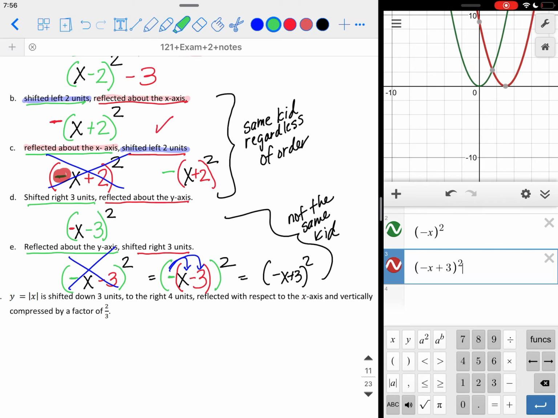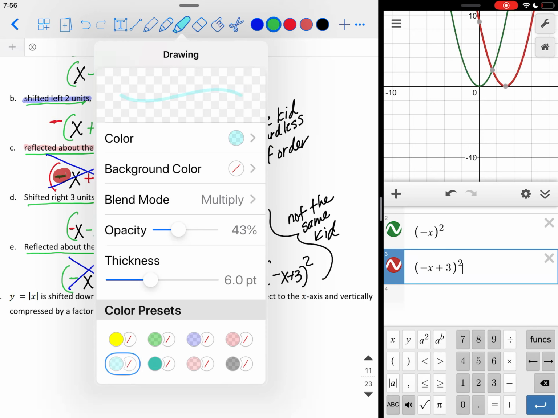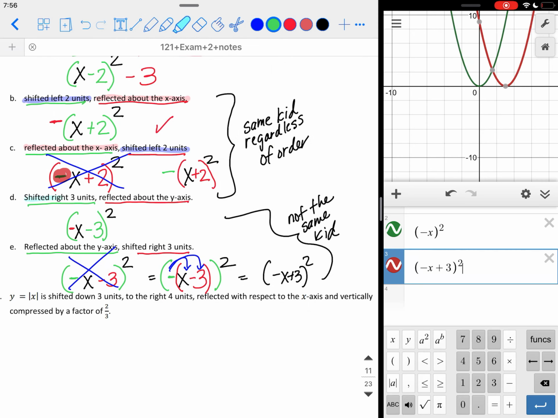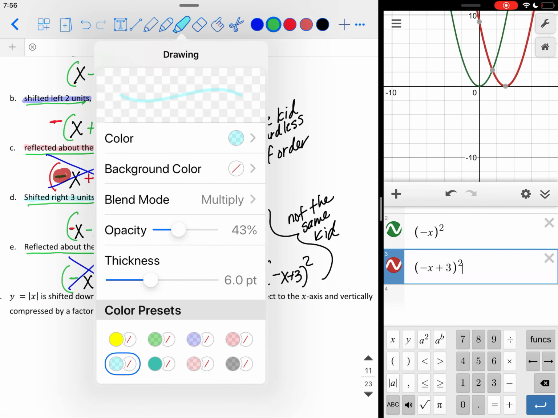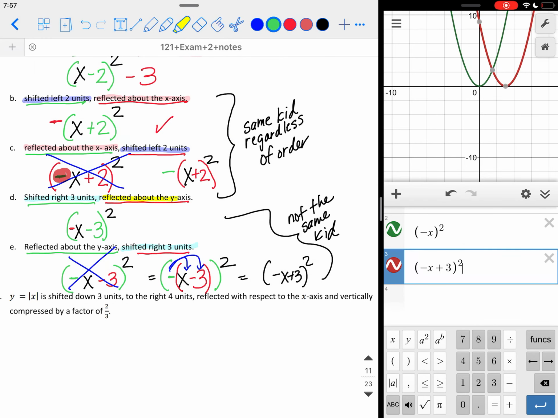I'm having too much fun with my highlights. Shifted to the right, shifted to the right. And then here we have reflected about the y, reflected about the y. So sometimes you have the same kid, sometimes you don't.